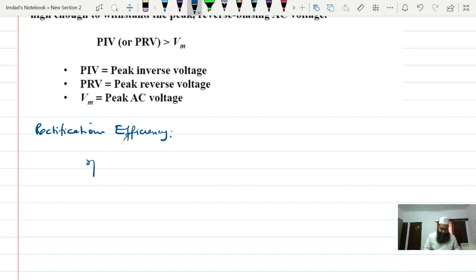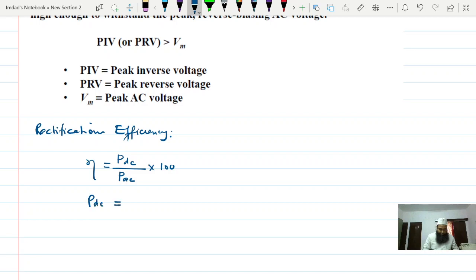Rectification efficiency is defined as output upon input. The output is DC power, the input is AC power, multiplied by 100. This is called rectification efficiency. For this we have to calculate AC power and DC power.